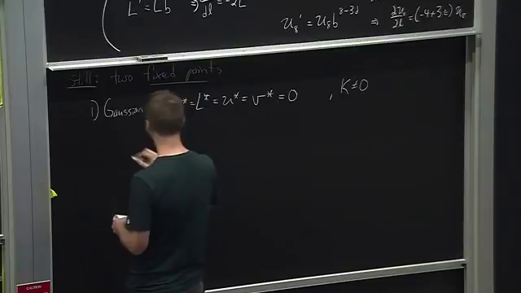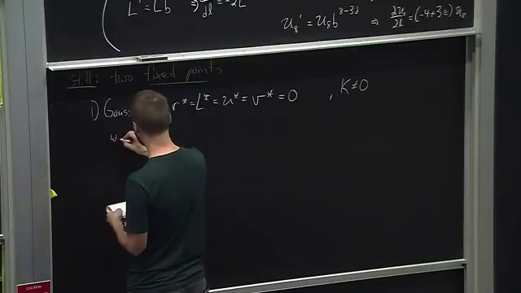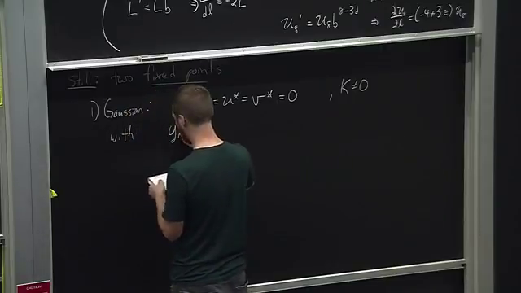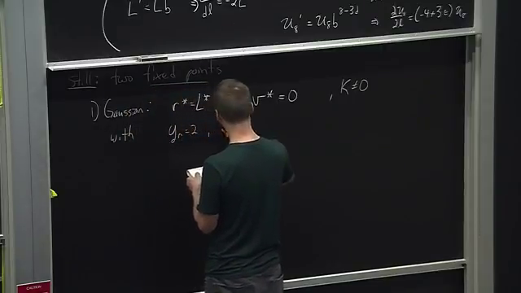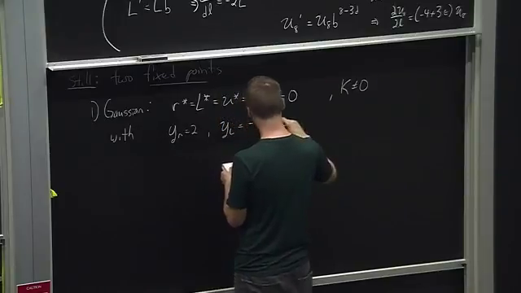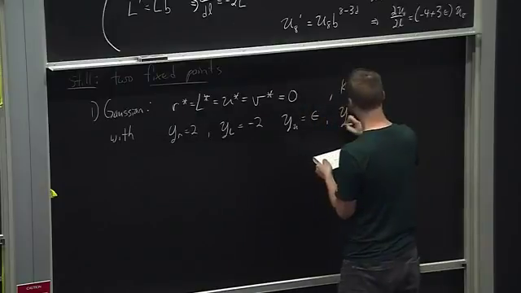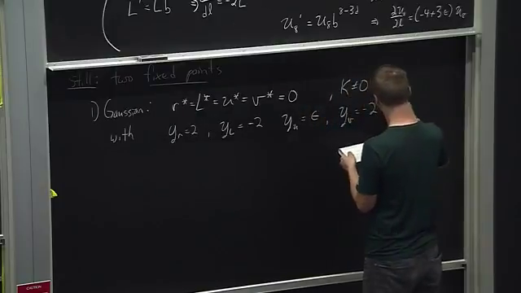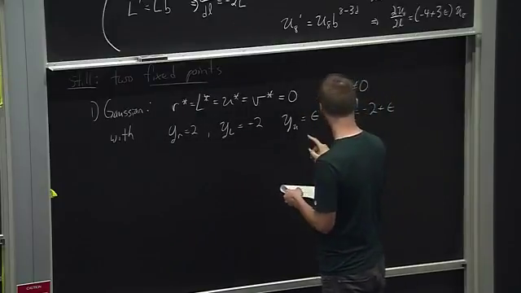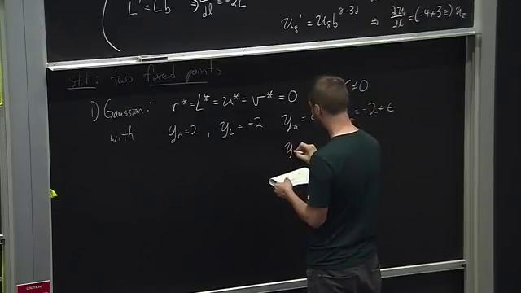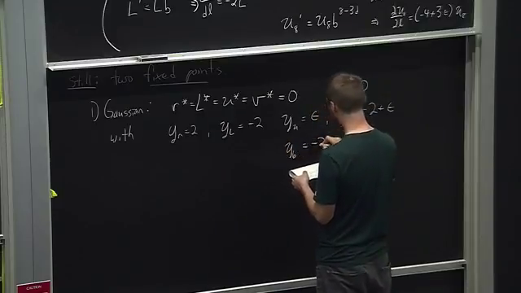So when you have eigenvalues, or scaling dimensions, YV, YU6, I'll call it 6 for U6.